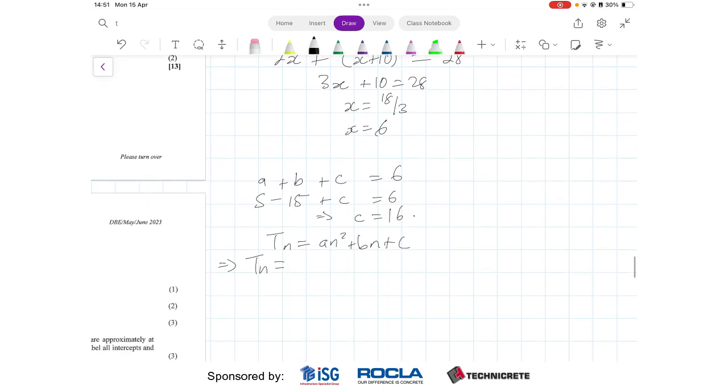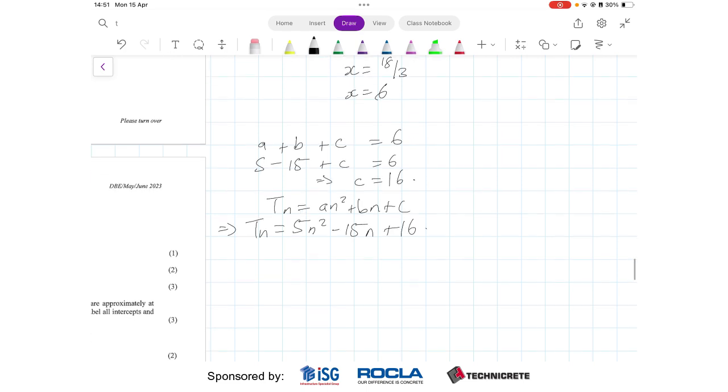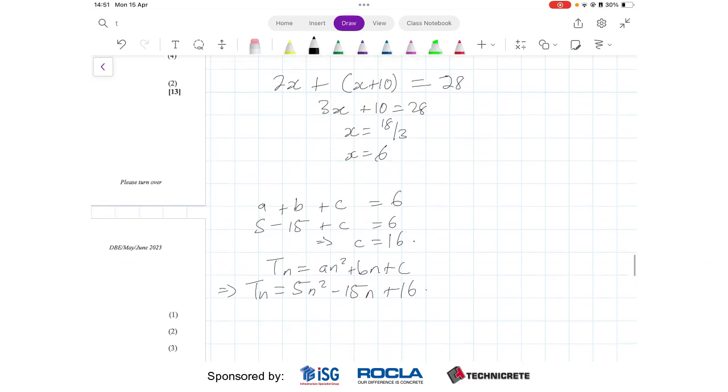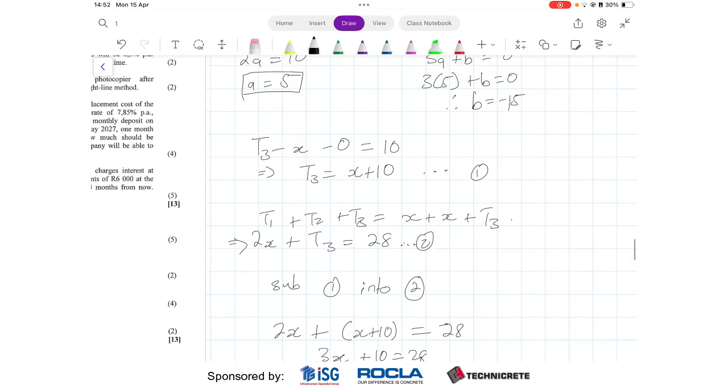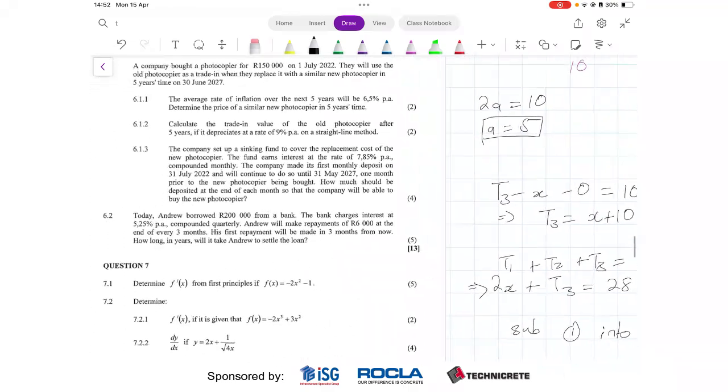The reason for that is essentially so that we can substitute into the general formula: a equals 5, b is equal to minus 15, and c equals 16. Plug n equals 1 into your calculator and you will find that the first term in the sequence is indeed 6.